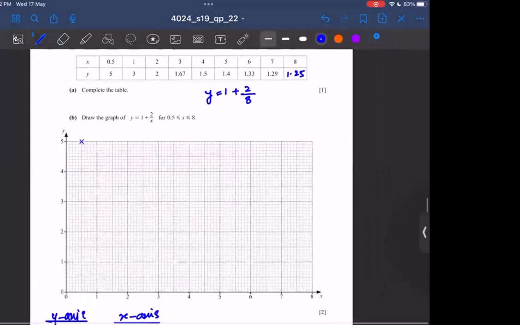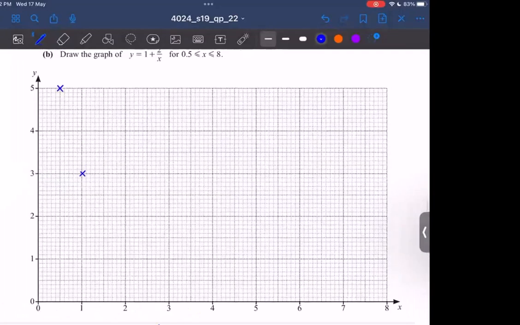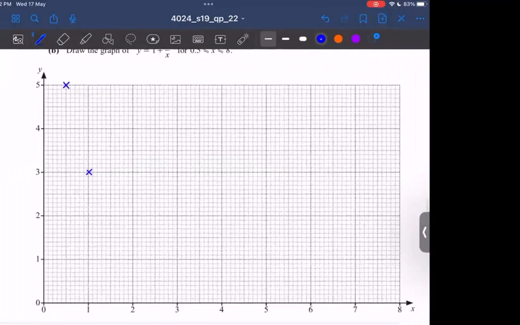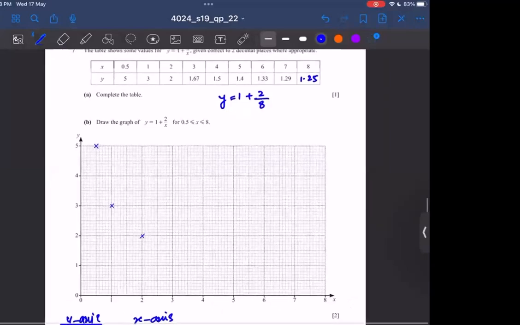At 1 it is 3, at 2 it is 2, we get at 3 it is 1.67.